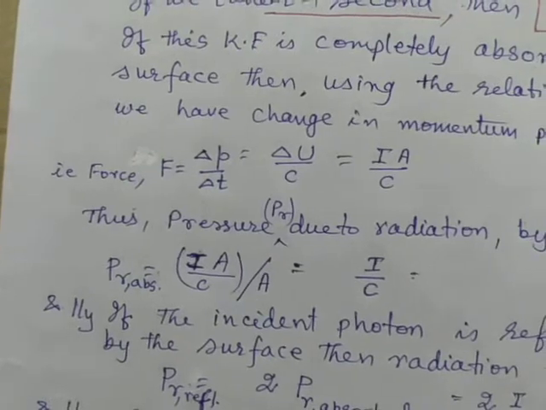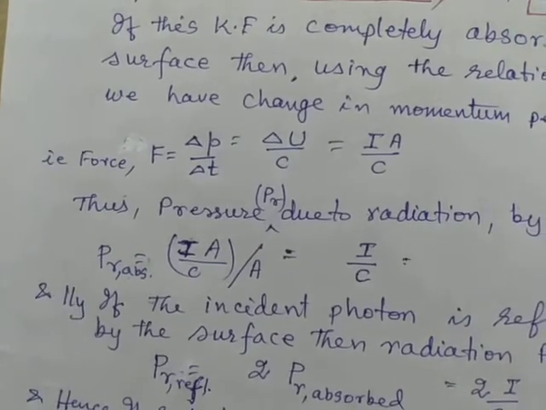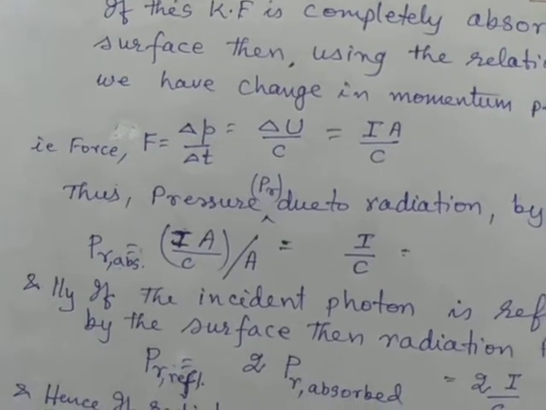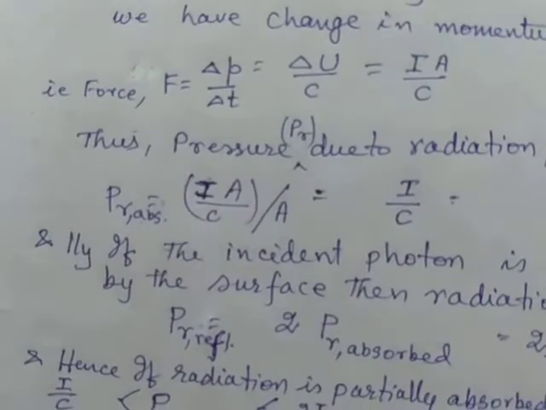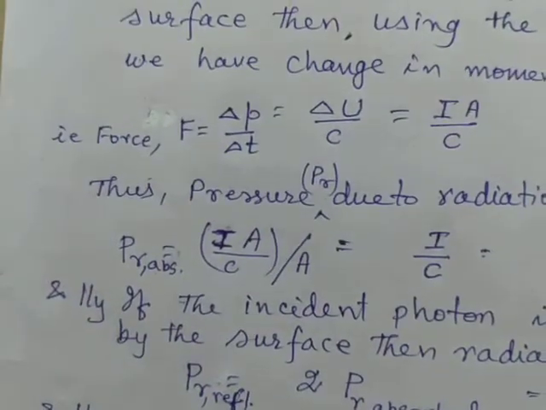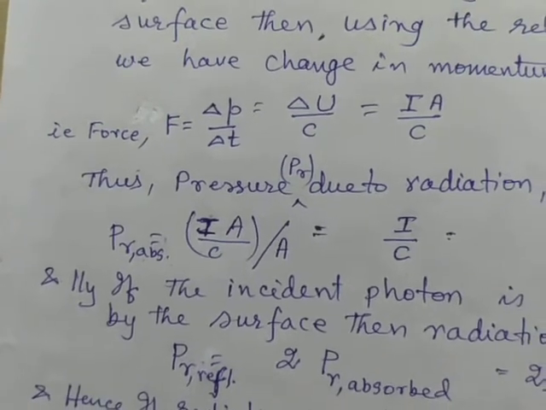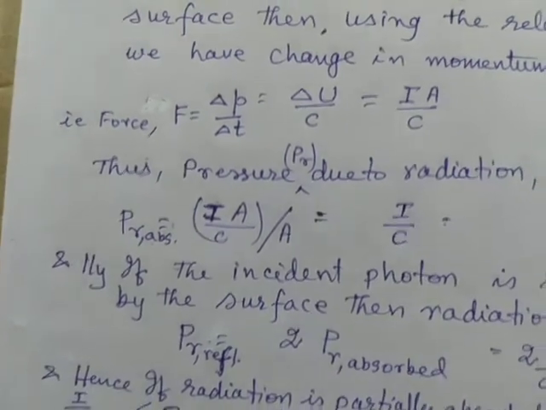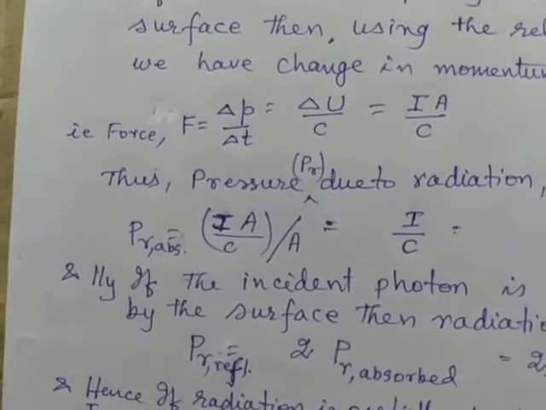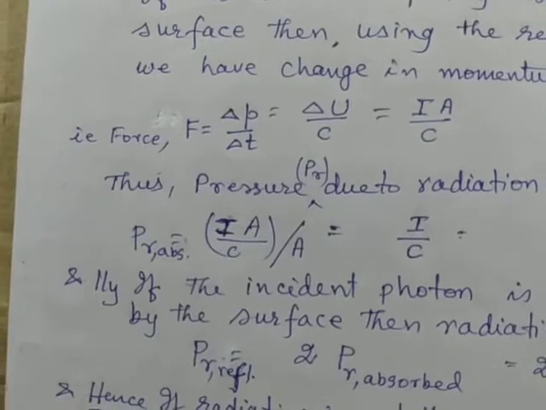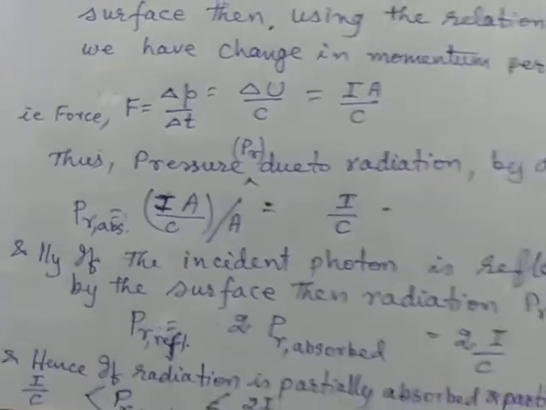We define pressure as the ratio of thrust upon area. So what is the thrust? You have just derived the perpendicular force IA by C, and that divided by A becomes equal to I by C. So this will be the pressure exerted by the light ray when the light ray is completely absorbed by the surface.